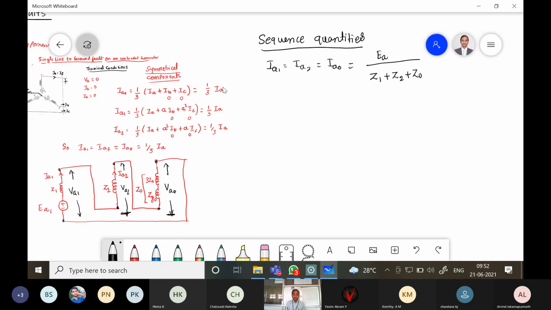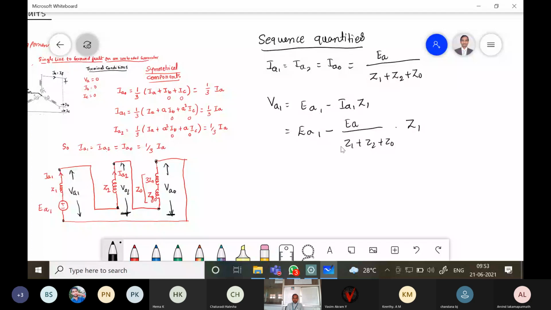So now we can write VA1 is equal to EA1 minus IA1 into Z1. For that, substitute here EA1 minus, so what is IA1? EA divided by Z1 plus Z2 plus Z0, multiplied by Z1. So what happens? Take LCM Z1 plus Z2 plus Z0.